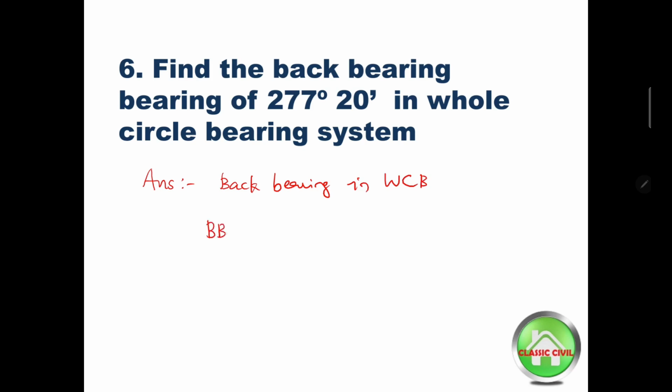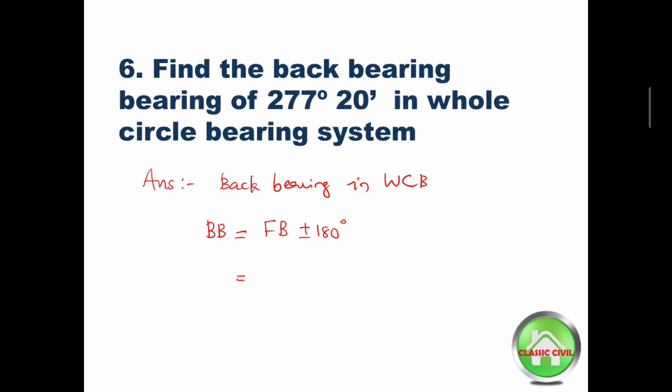Back bearing in whole circle bearing system is equal to forebearing plus or minus 180 degree. If the given forebearing is greater than 180 degree, then use negative sign. If the forebearing is less than 180 degree, use the positive sign.